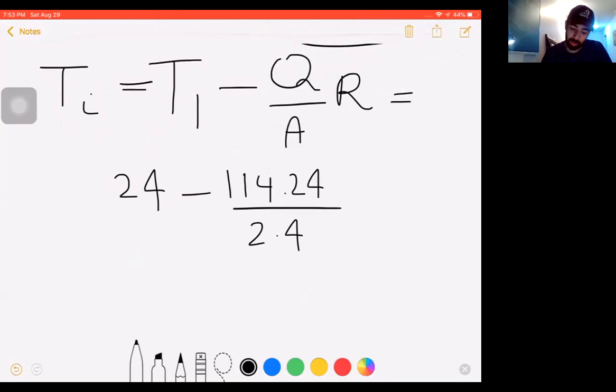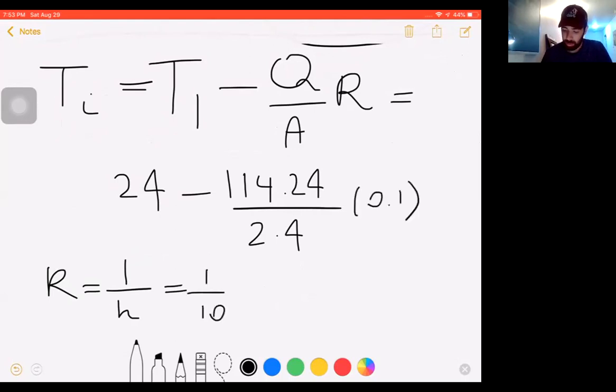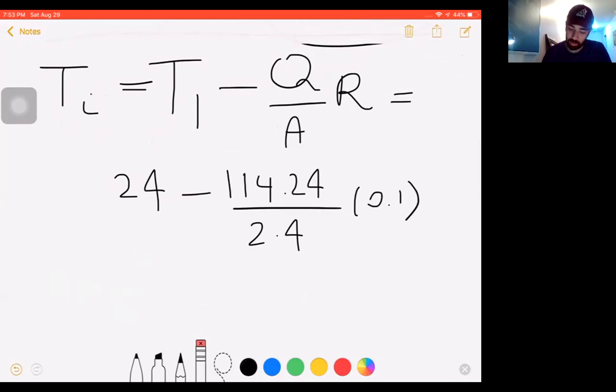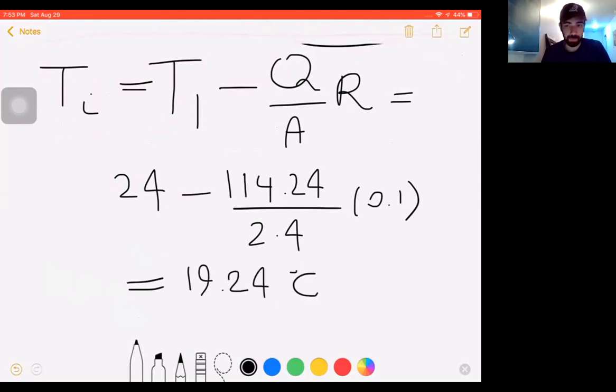And if you remember, it was 1 over h for the convection term, and it was 1 over 10. So 0.1 will give me a final temperature of 19.24 degrees Celsius.